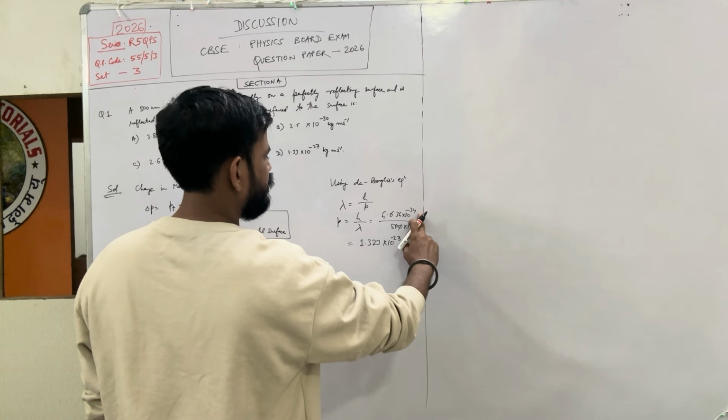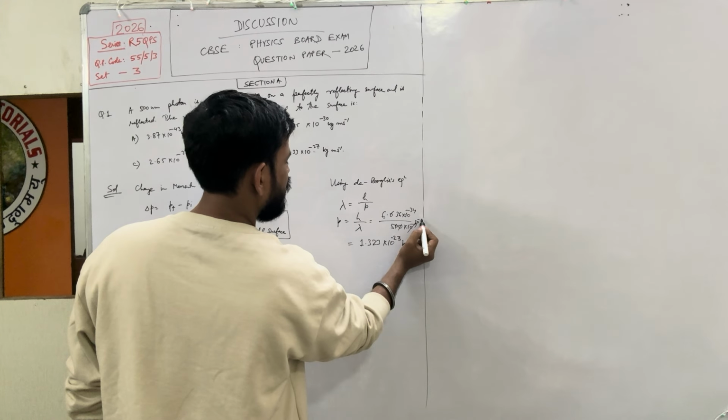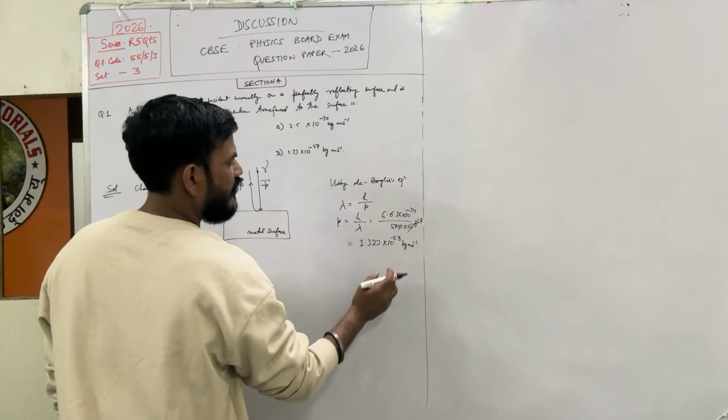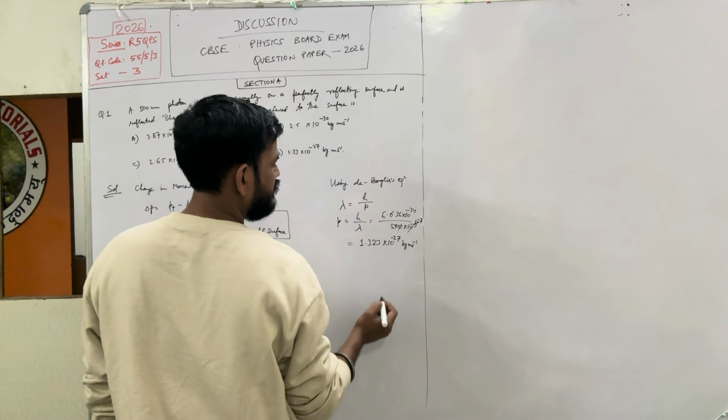Sorry, this won't be minus 11, this would be minus 7. So minus 27.